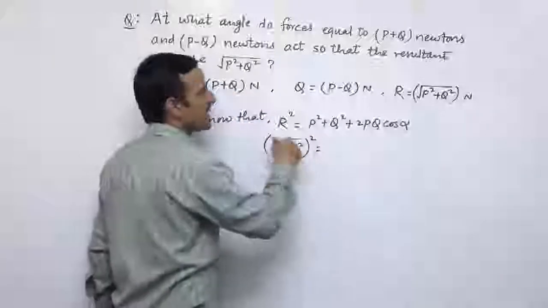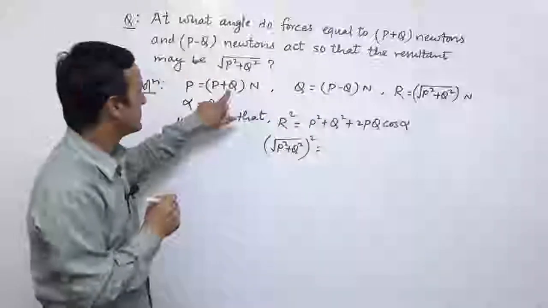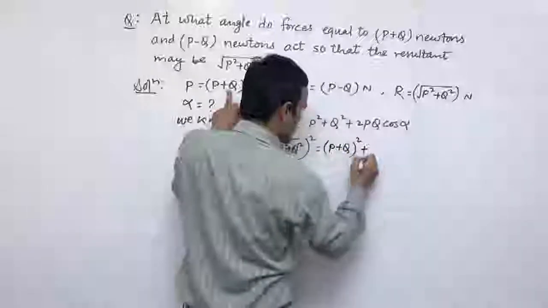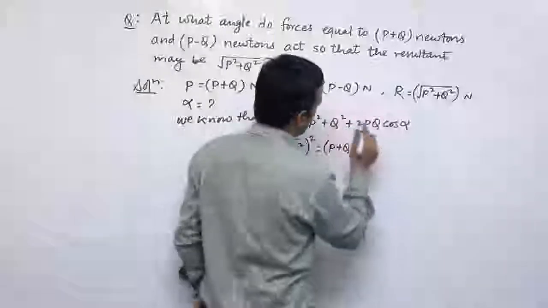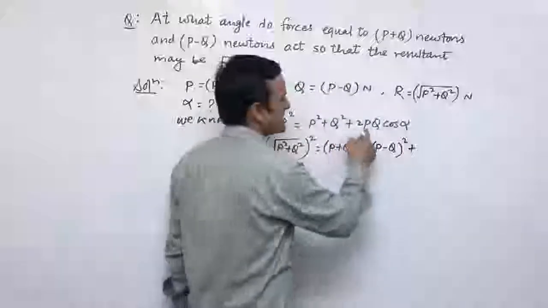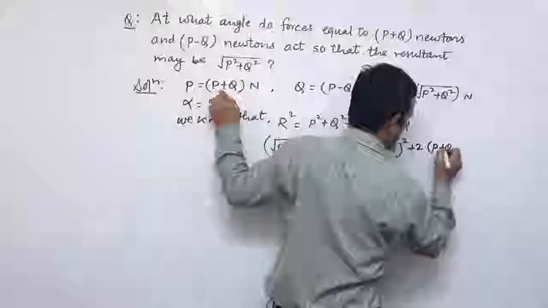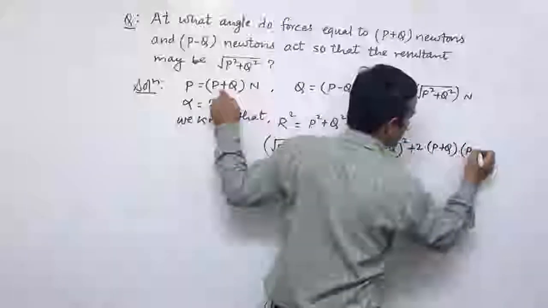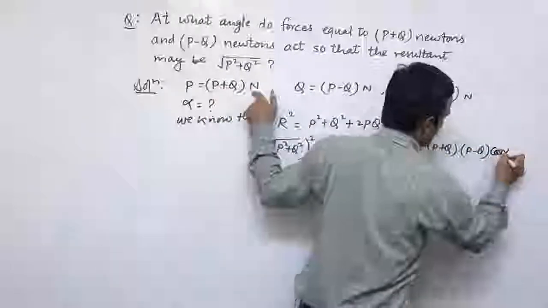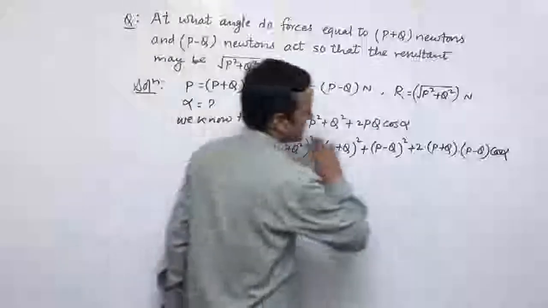P square means this term to the power 2, so P plus Q whole square, and the other force is P minus Q whole square, and 2 is the same. P is P plus Q, Q is P minus Q, and cos alpha is the same. So after substituting we get this term.